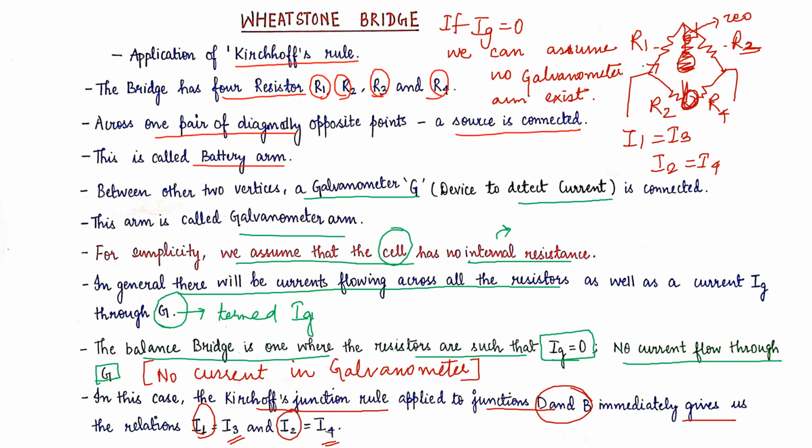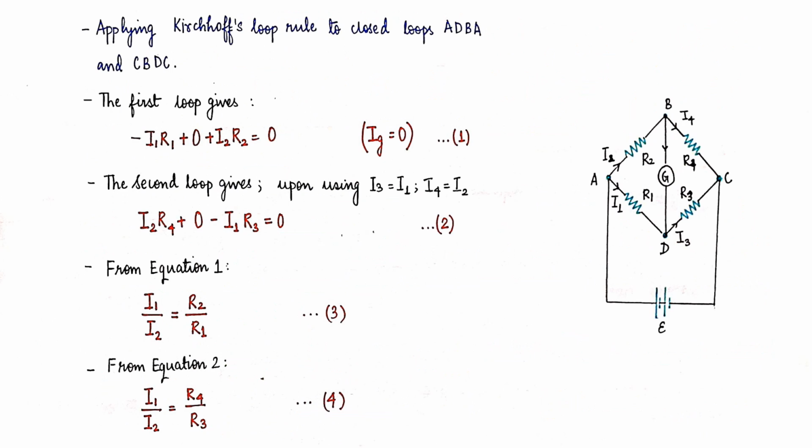These resistors R1 and R3 are connected in series. Similarly, R4 and R2 are connected in series. So any resistors connected in series have the same current flowing through them. So this is one of the conditions.